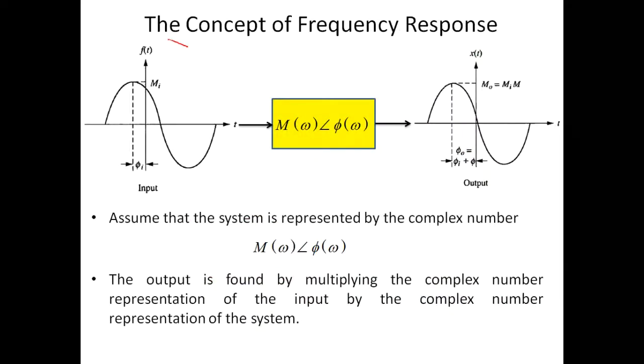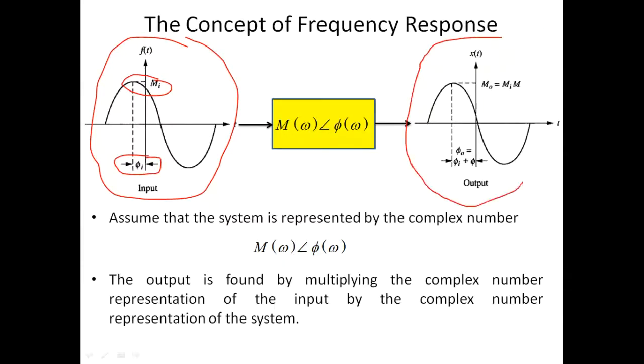So here we have an example. This is the input, and here we have Mi, which is the maximum amplitude, and phi I is the phase angle. For the output, the maximum amplitude is Mo equals Mi times M, and phi O equals phi I plus phi.